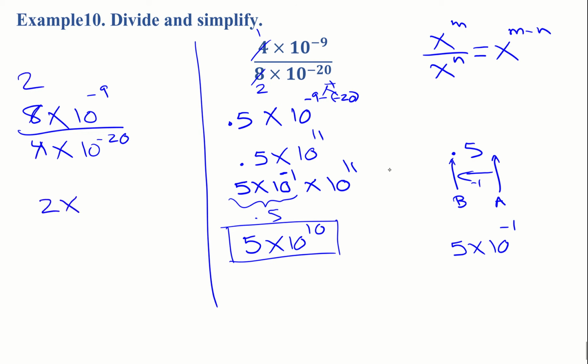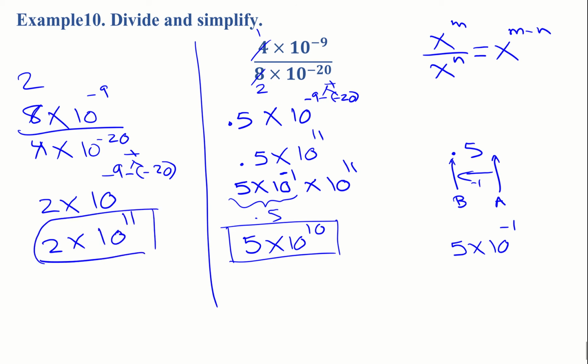So you would get 2 times 10 to the power of -9 minus -20. Those again become plus. So you end up with 2 times 10 to the 11. So in this case, notice that's it. The outcome is in scientific notation, so we stopped, right? Only if the outcome doesn't end up being in scientific notation do we have to do an extra step to get it into scientific notation.